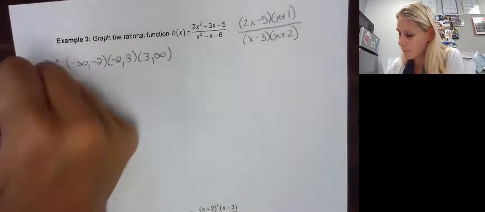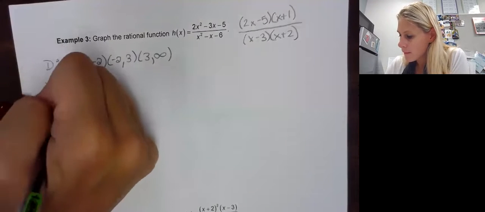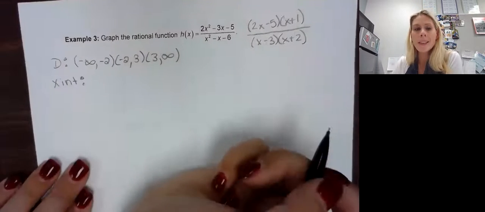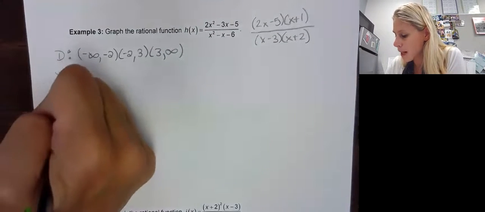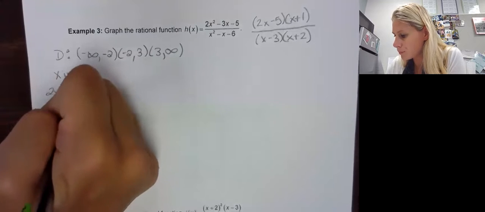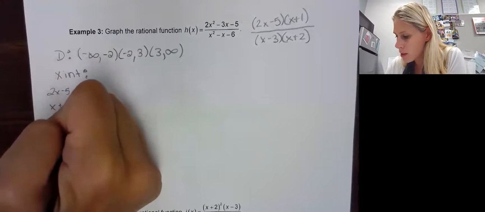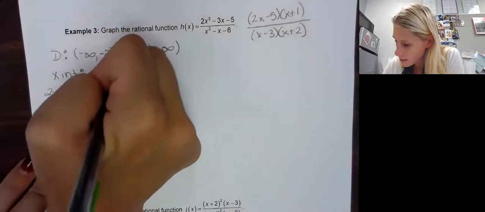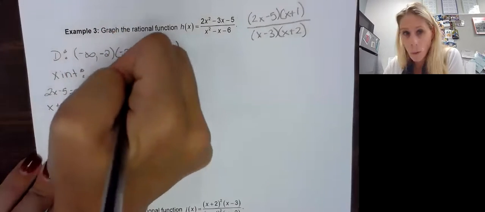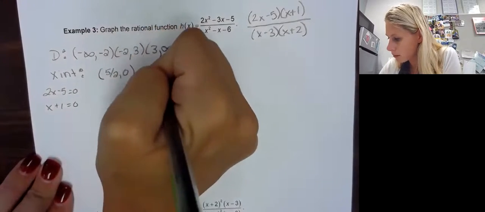And that's where I got that. Okay, x-intercepts. Now, remember, it's setting the numerator equal to 0. So I'm going to set 2x minus 5 equal to 0 and x plus 1 equal to 0. When we do that out, we get 5/2. It's a point, remember? And negative 1.